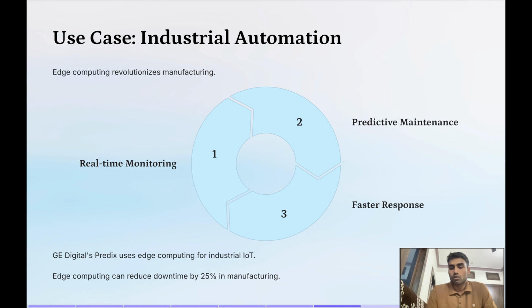And of course, faster response is very helpful if something is happening. It will also decrease the downtime, if we predict the maintenance beforehand and act accordingly.